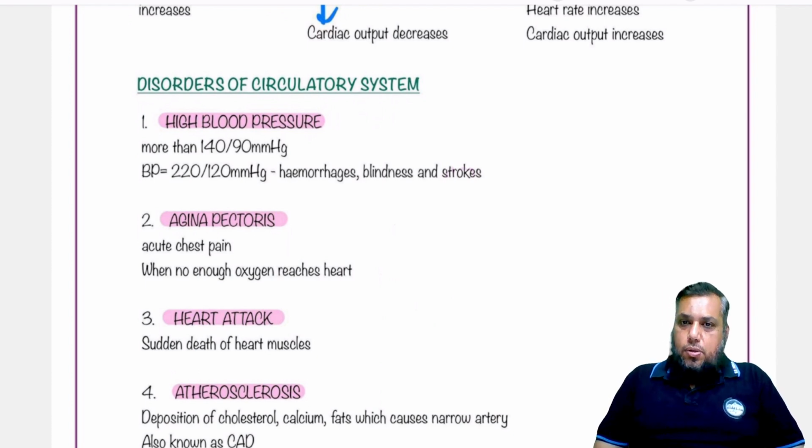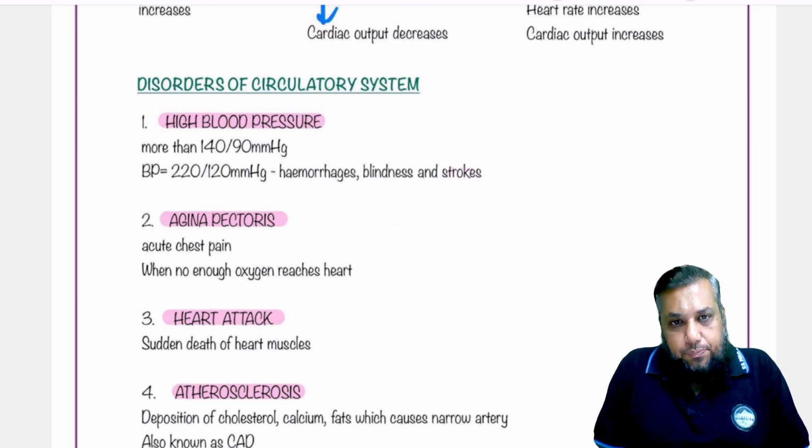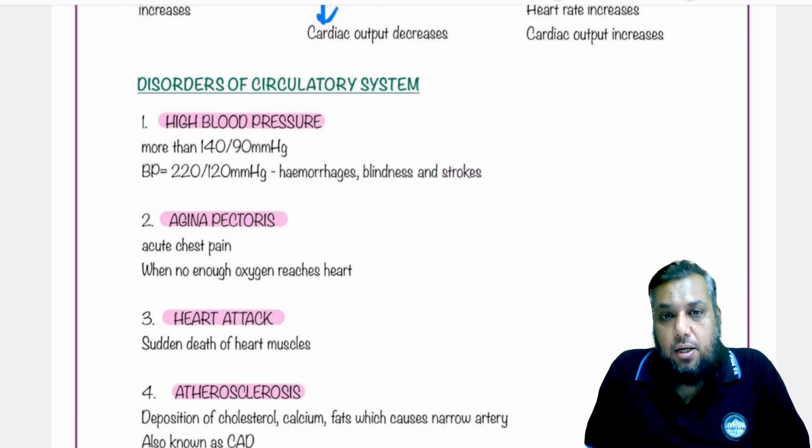Angina pectoris is the acute chest pain जो थोड़े वक्त के लिए आता है, chest muscles में आता है, and it spreads over the wall of the chest. Okay, that happens when your heart muscles are not getting enough amount of oxygenated blood.